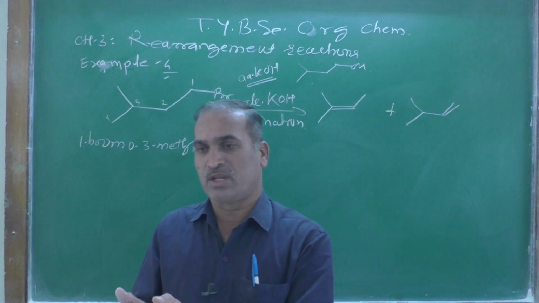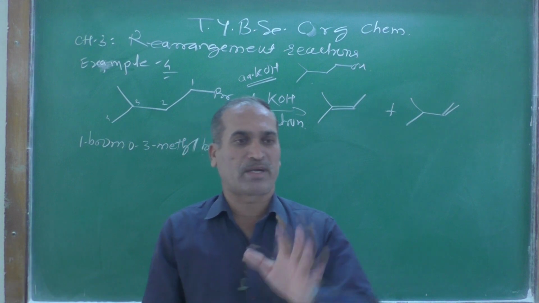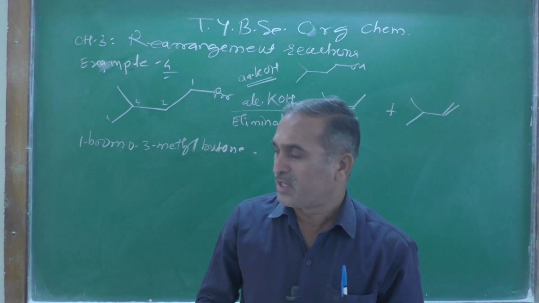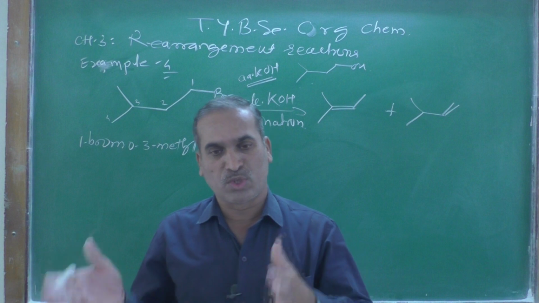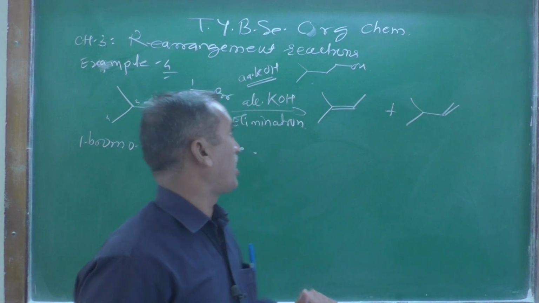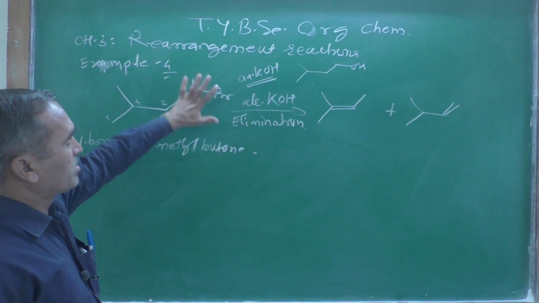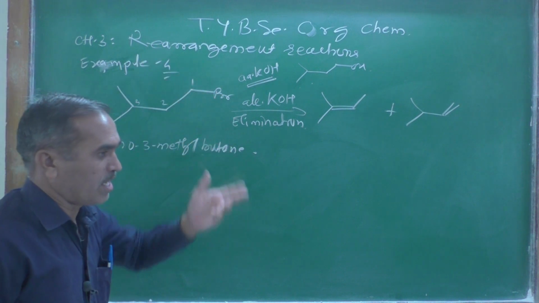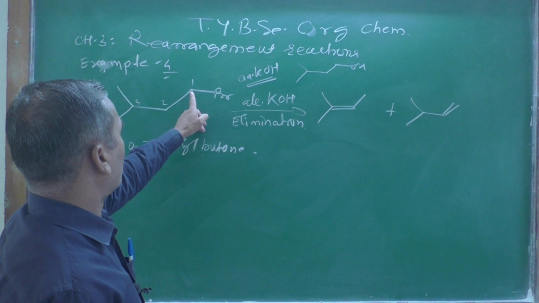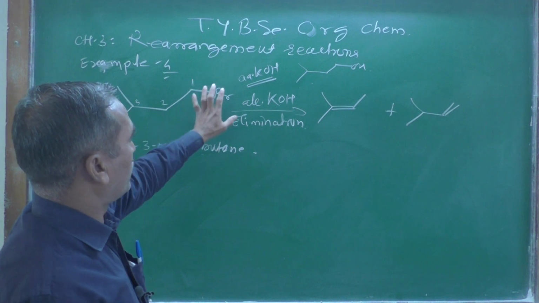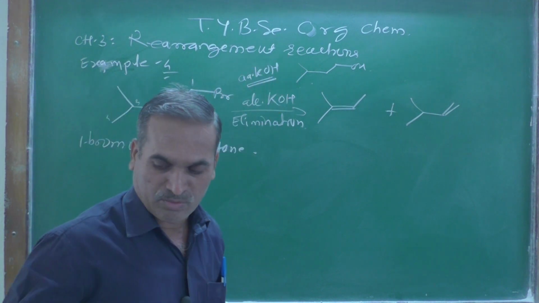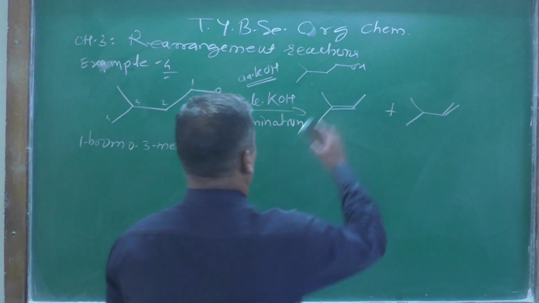A reaction in which an atom or group of atoms gets replaced by another atom of the reagent used is known as a substitution reaction. In the substitution reaction, no rearrangement occurs. Only this Br gets replaced by that one, and we get a different product.